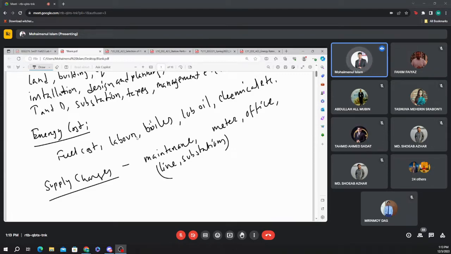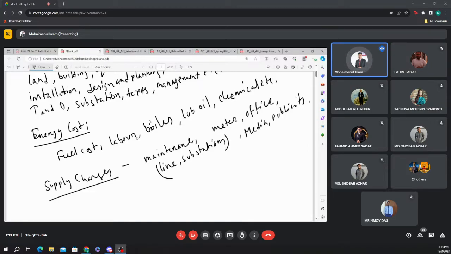DESCO office, DPDC office, you need to manage those things. And also you need to publicize. That means media coverage, publicity, etc. So many costs are there. So this covers actually supply charge.